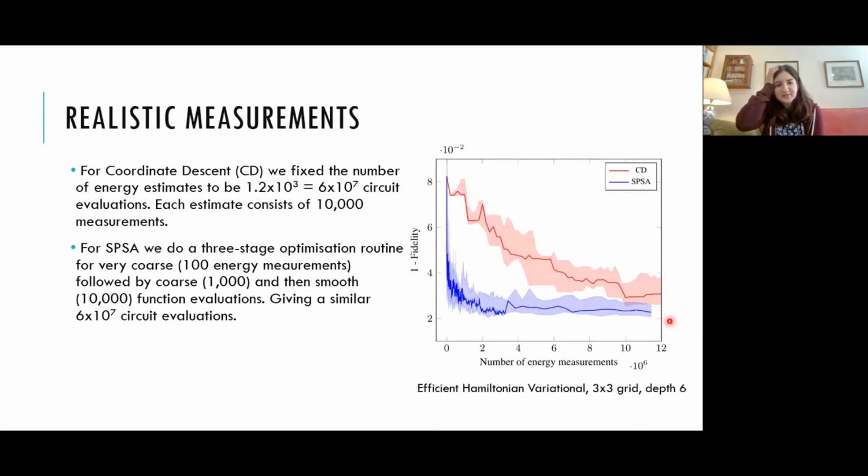The next step is realistic measurements. Again, we're fixing the Hamiltonian Variational ansatz. These results are for a 3 by 3 grid. We wanted to test SPSA and coordinate descent.